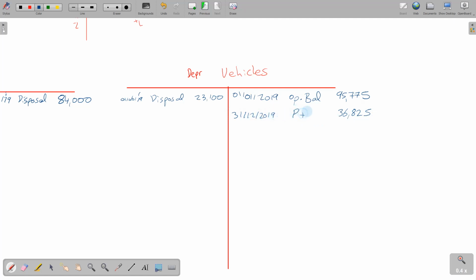Again, it's a P&L expense because if you double entry that to the P&L account, it will go to the debit side. If you debit, it's an expense. Now we can balance. So which side is bigger? 95,775 plus 36,825 is bigger.